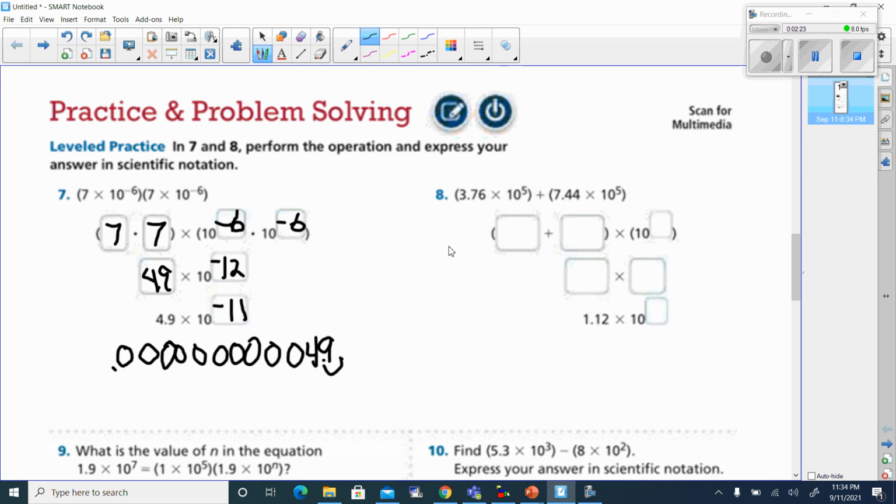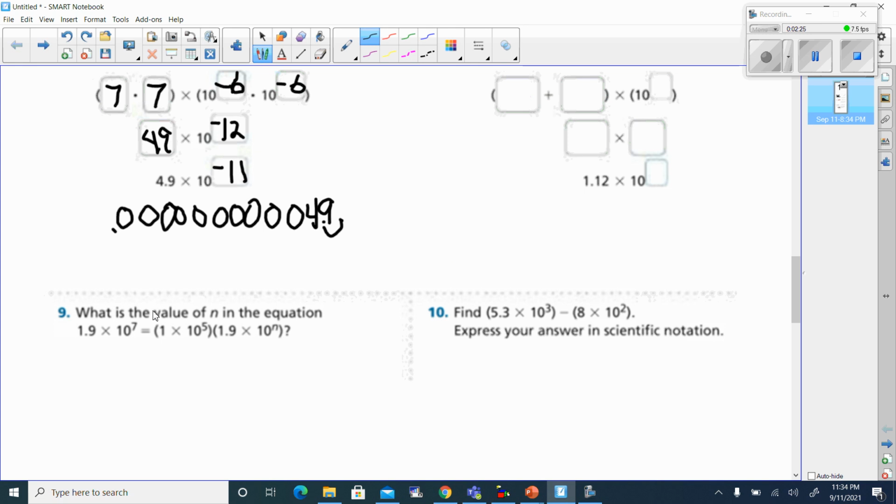All right, number 8 is yours to do. I have number 9. What is the value of n in the equation? We see here we have 1.9 times 10 to the 7th power equals 1 times 10 to the 5th times 1.9 times 10 to the n power. We're trying to find out what that power is.